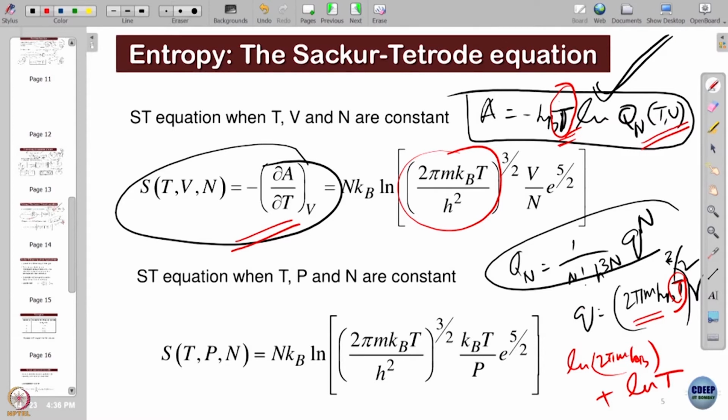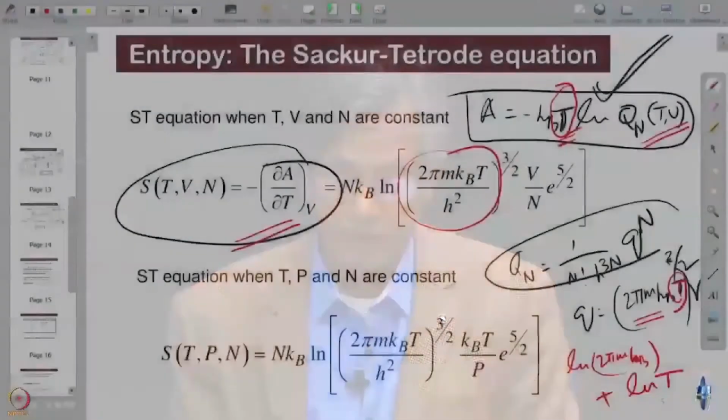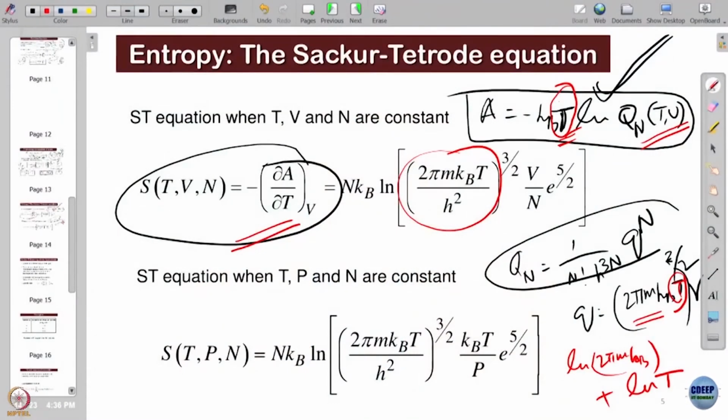This you can do yourself, and is left as an exercise. Just do it yourself, it just takes a couple of minutes. Then you get this quantity, this entropy.